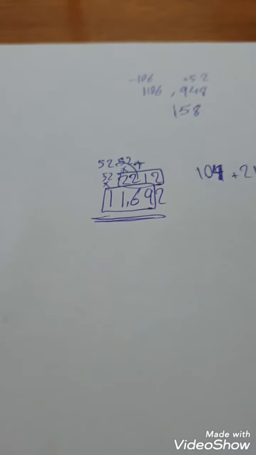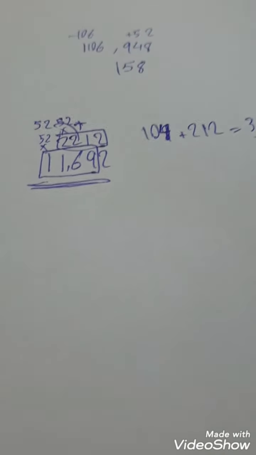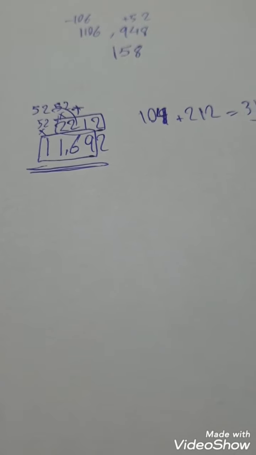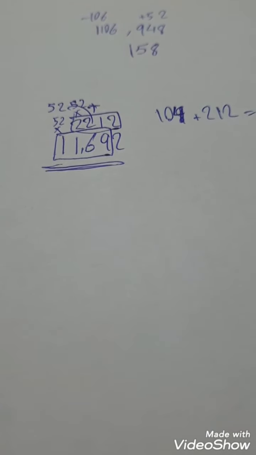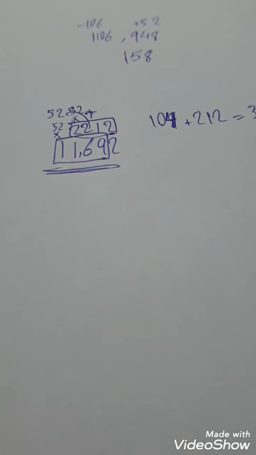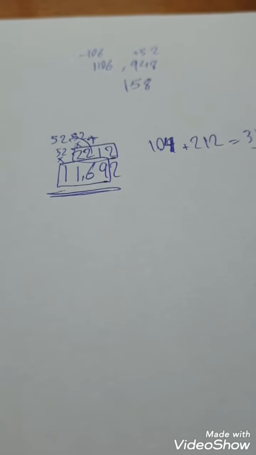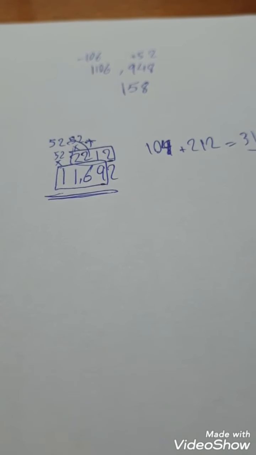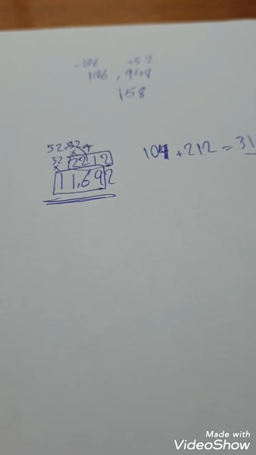So the products will be higher, and the sums of numbers will be high. So as the number increases, the rule becomes harder. But I think this rule is much easier than using divisibility rules, or maybe they are the same difficulty in using, and I hope that you use it when you want to know the divisibility of numbers.